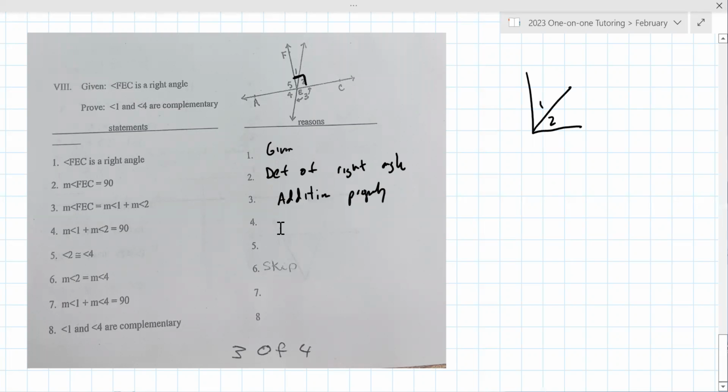And then the next thing is saying that since FEC is 90, if you put 90 in, they kind of reverse this in step 4. It should say 90 equals measure of angle 1 plus measure of angle 2, but they're just flipping it. So that is the substitution property.